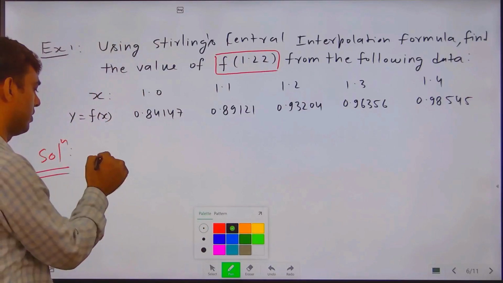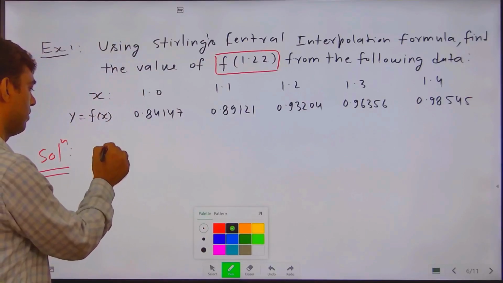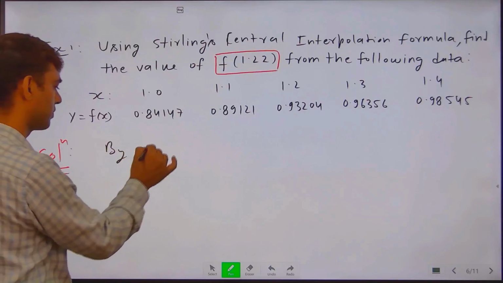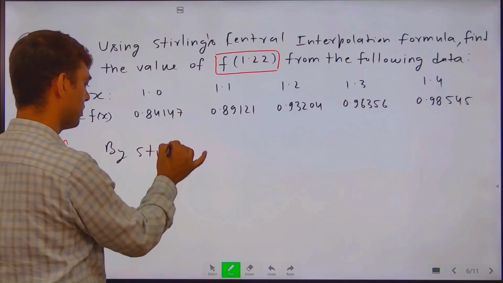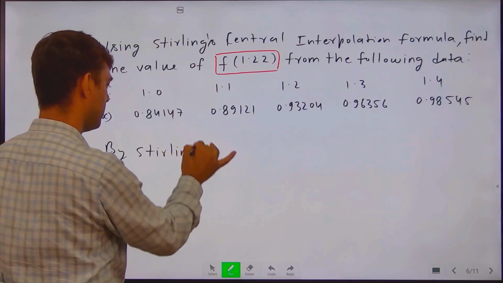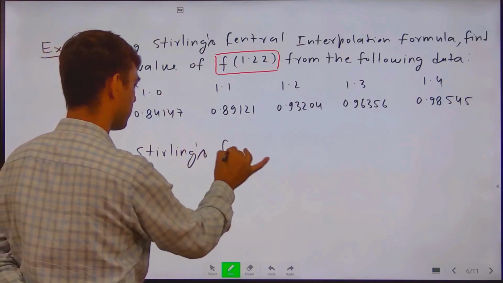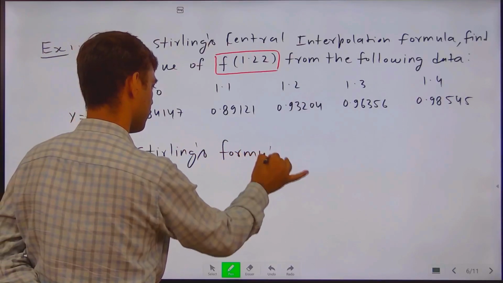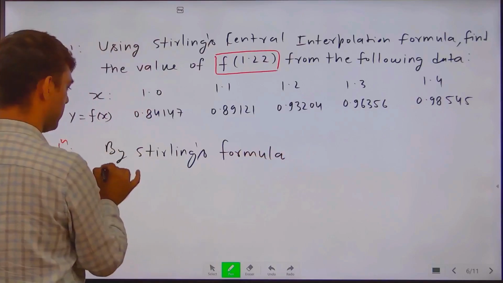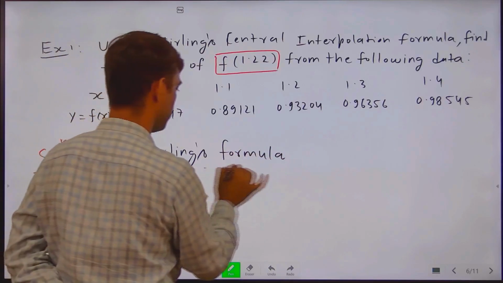Just write the Stirling formula. What is the Stirling formula?